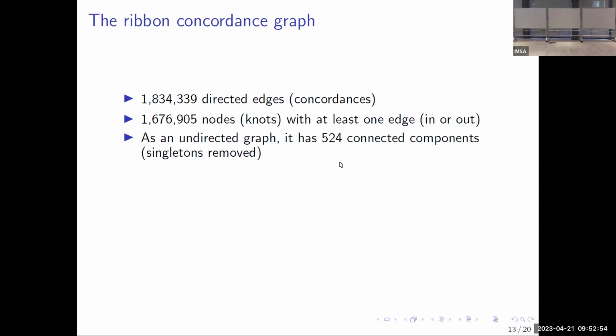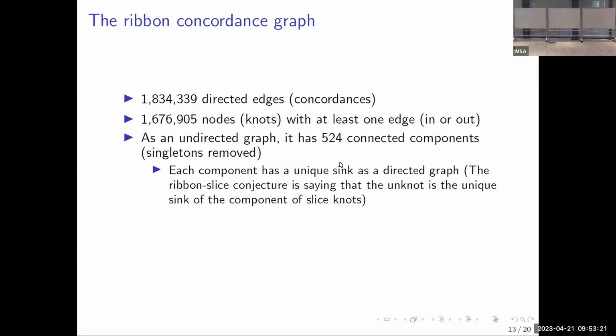As an undirected graph, it had 524 connected components with singletons removed, so that means there were 524 components that each had at least 2 knots in them. There are also obviously a few million where we didn't find that they were concordant to anything.